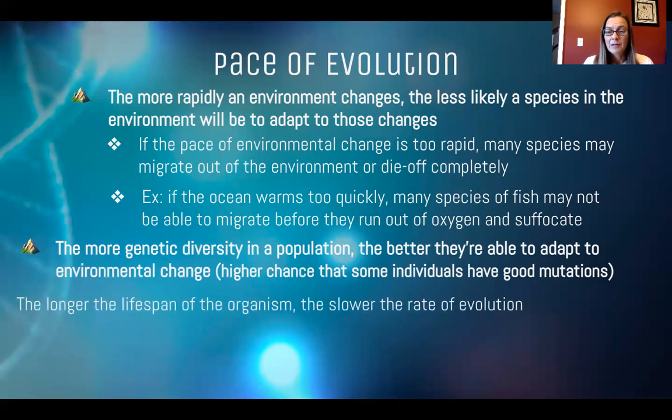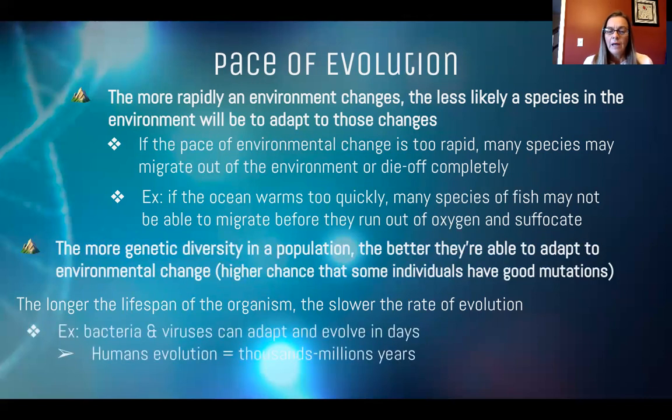The longer the lifespan of an organism, the slower the rate of evolution, because evolution depends on generational change. The longer there is between generations, the more slowly that species can evolve. As we've seen in the last couple of years, bacteria and viruses can adapt and evolve in a matter of days because they reproduce very, very quickly.